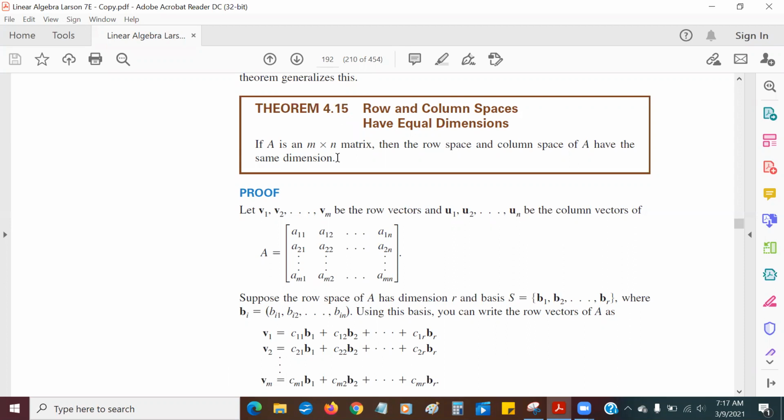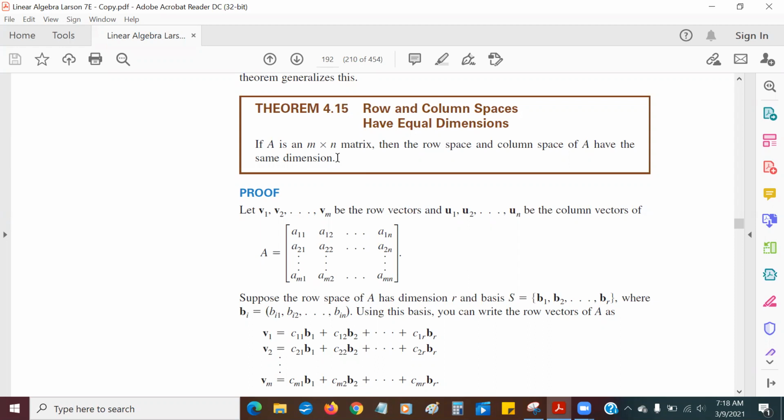The row space and the column space are going to have the same dimension, which is amazing because they're different types of vectors. The row space could be R4 vectors, and the column space could be R5 vectors. They're totally different types of vectors, yet when you figure out the dimensions, they wind up being the same.